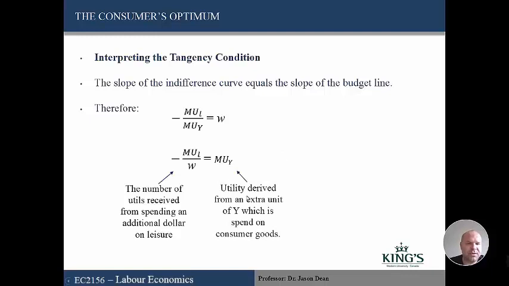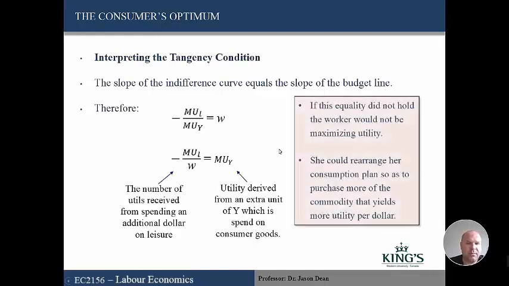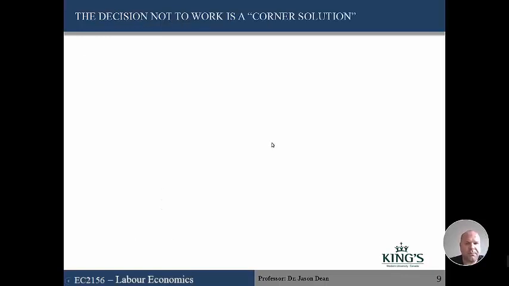And this is the utility derived from an extra unit of income which is spent on consumer goods. If these two things weren't equal, well, then the person could just rearrange their consumption plan so as to purchase more of the commodity that yields more utility per dollar. Okay, so either taking more leisure or more income.